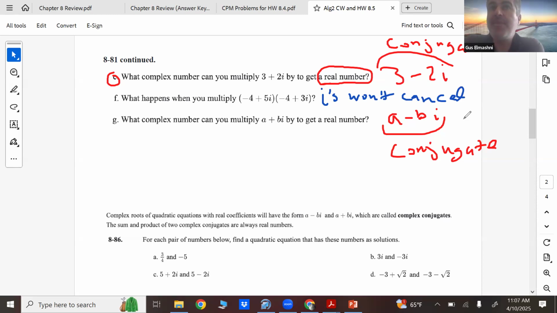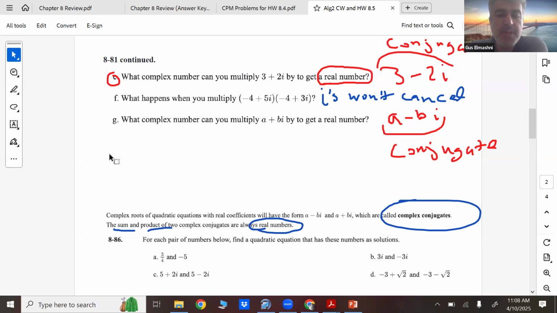That's the opposite in sign, instead of positive 2i, for parts, root -1. It's a square root. Right. So for part F, the i's won't cancel. That's exactly what I said down below. Complex conjugates. Okay. So the sum and product are always real numbers, just so you know. Always real numbers.